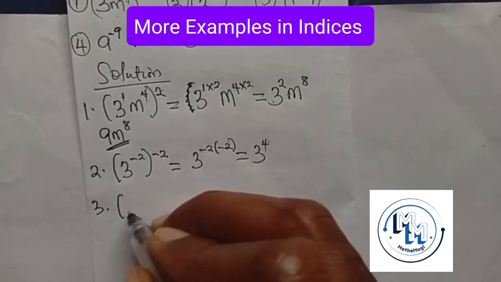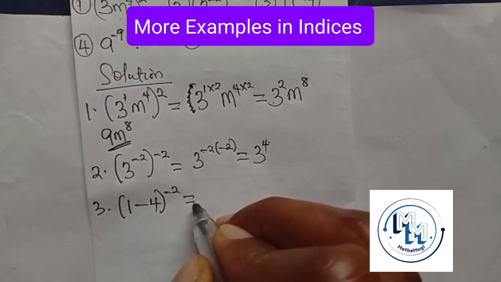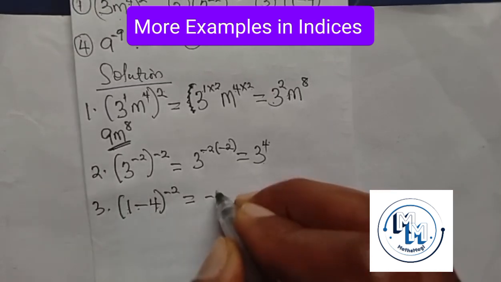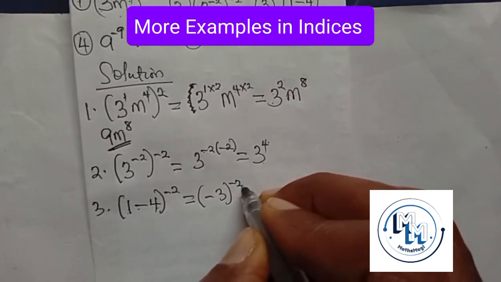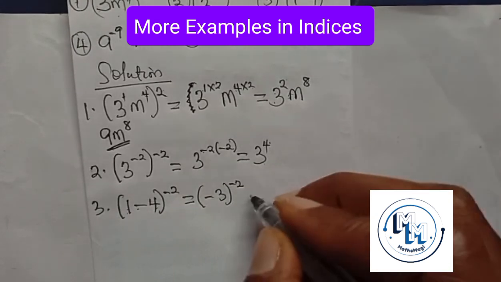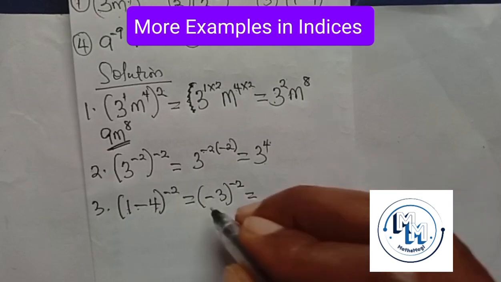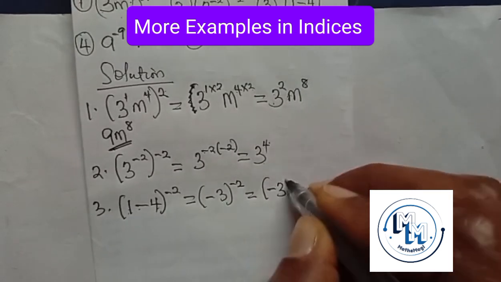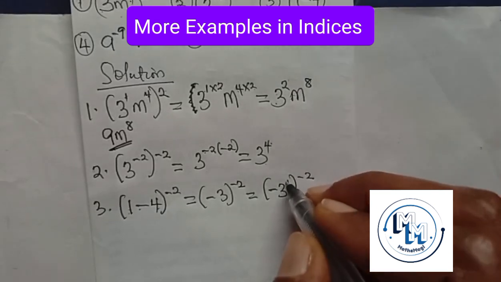Now the third one says 1 minus 4, all power minus 2. Now 1 minus 4 is minus 3, with power minus 2 outside. Now let's go. I can write this as minus 3 power 1, power minus 2. 3 power 1 is still 3.